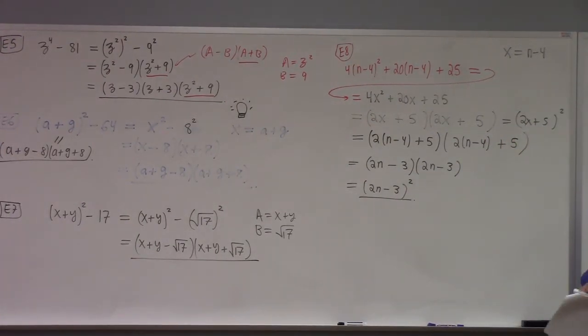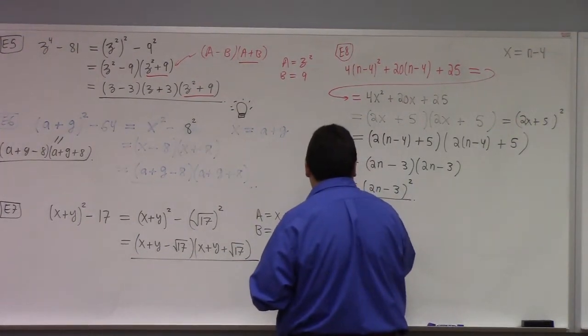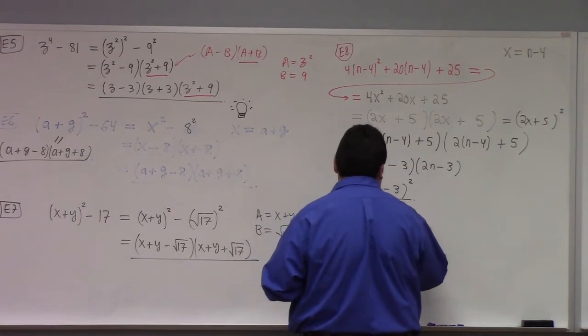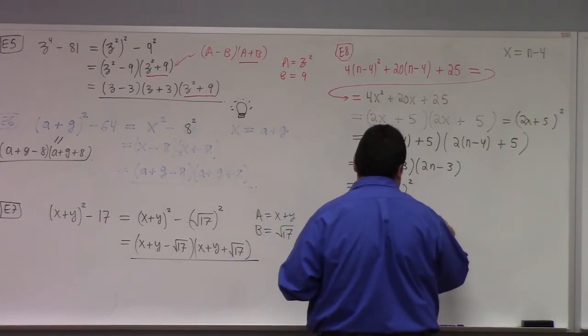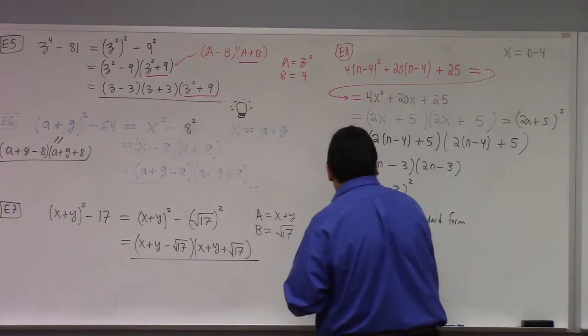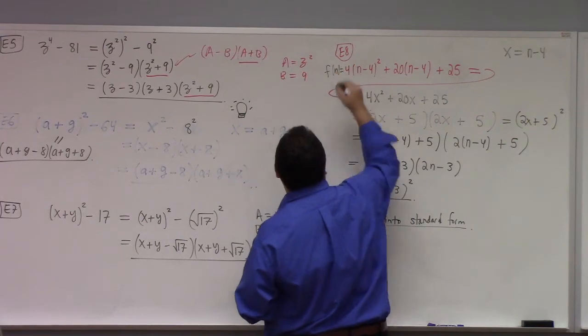There is an alternate question you could ask, which is to put f of n into so-called standard form. I'm going to give this a label, f of n, for the sake of writing it.